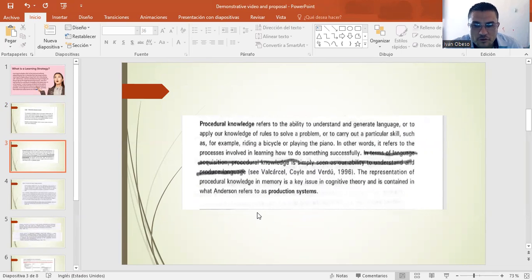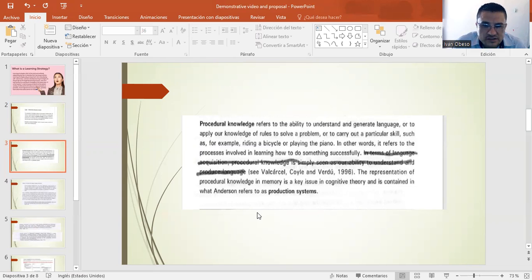Procedural knowledge refers to the ability to understand and generate language, or to apply our knowledge or rules to solve a problem, or to carry out a particular skill, such as riding a bicycle or playing a piano. In other words, it refers to the process involved in learning how to do something successfully.